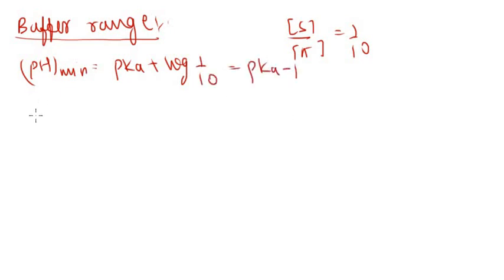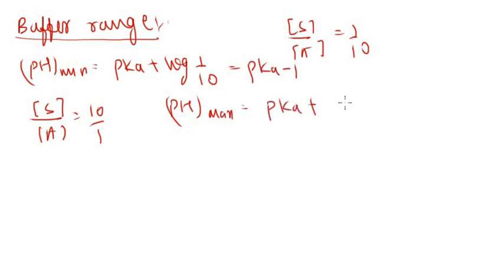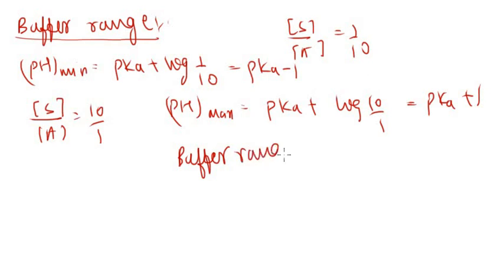When we have salt upon acid equal to 10/1, pH maximum comes out to be pKa plus log 10 by 1, so it is pKa plus 1. So the buffer range is pKa minus 1 to pKa plus 1. This is the range of the pH of a buffer.